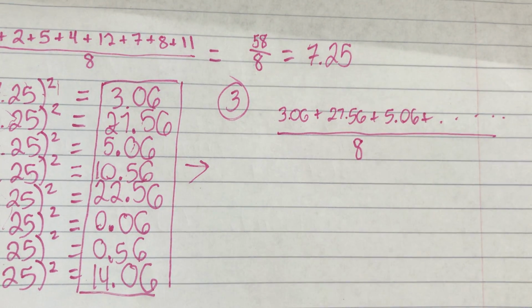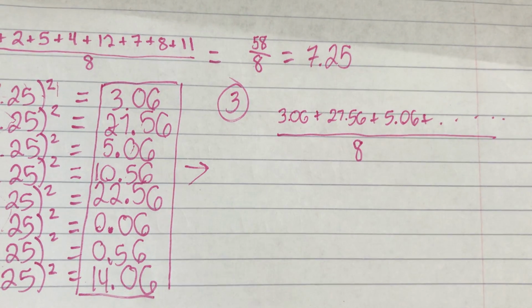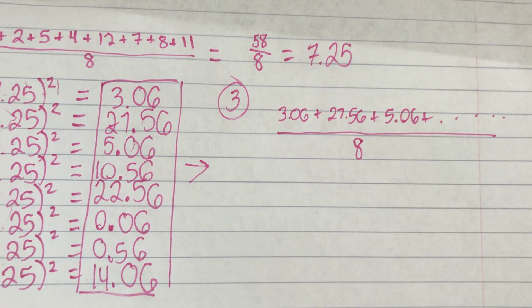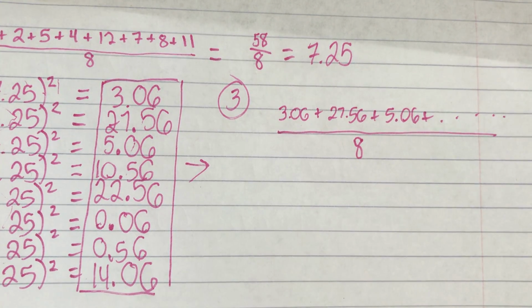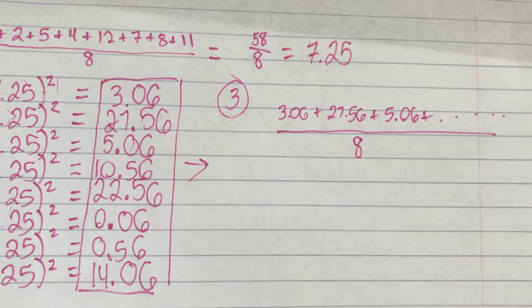So I'm going to add 3.06, please do it with me, plus 27.56 plus 5.06 plus 10.56 plus 22.56 plus 0.06 plus 0.56, we're almost there, plus 14.06. Hopefully I've got all the numbers.